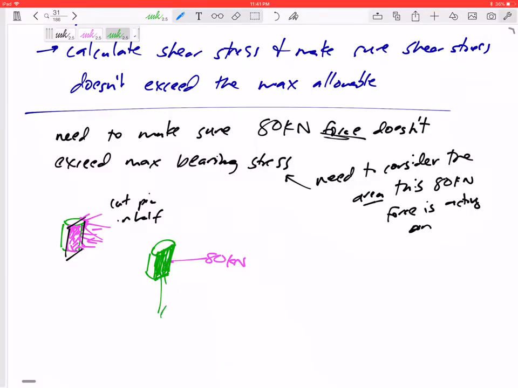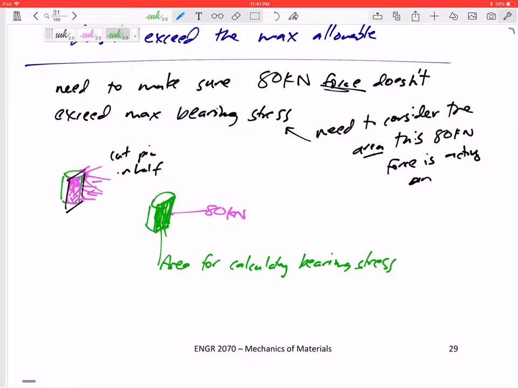And what is this area? So this is the area for calculating bearing stress. This dimension right here is the diameter of the pin.